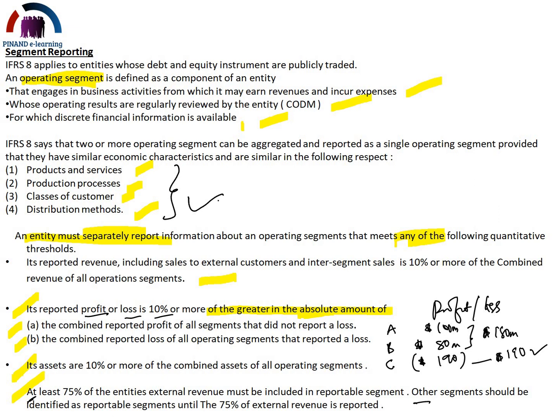If you don't see figures, don't fret. When you see different branches or different units, it's operating segments. But you don't see figures, you'll be like, Andrew said we should carry out revenue test and this test and this test. But the examiner may be looking, if you have the skill and understanding of IFRS 8, to group two or more operating segments to become one operating segment in line with IFRS 8. So please take note of that.